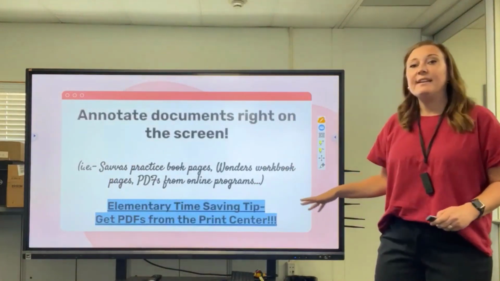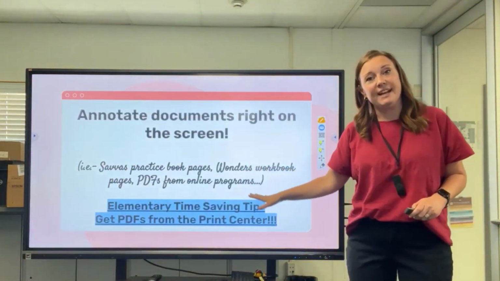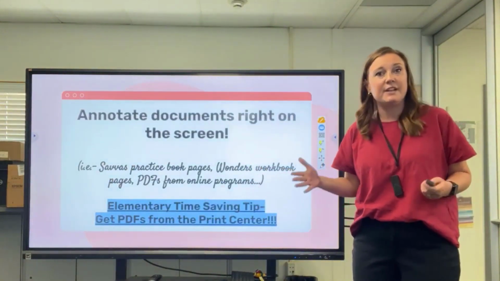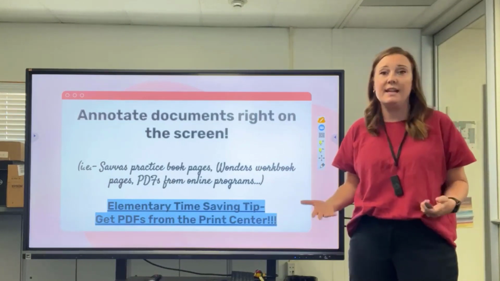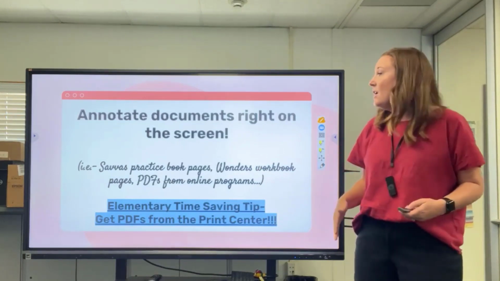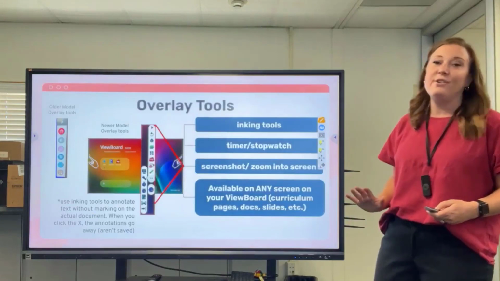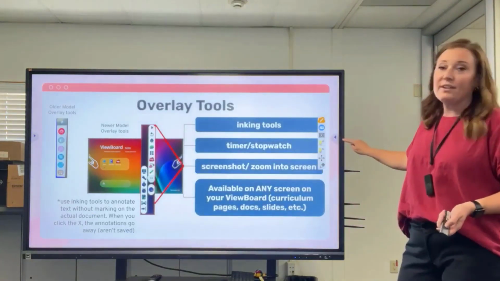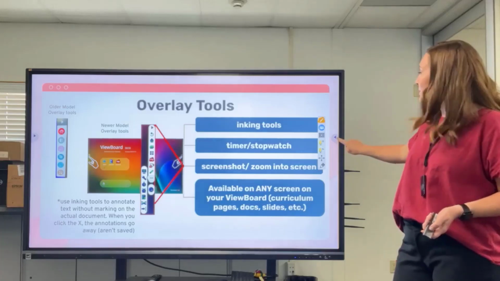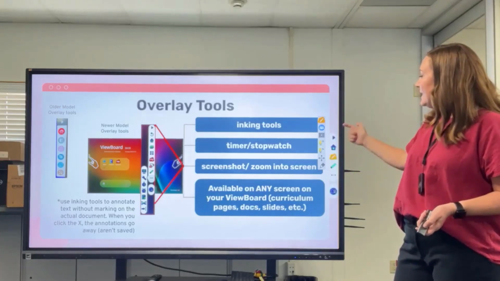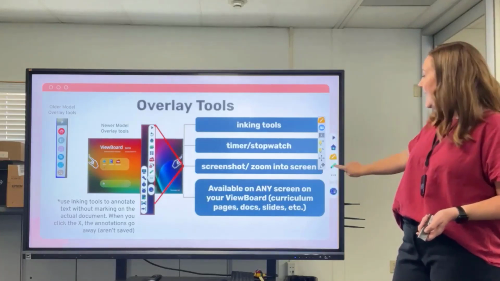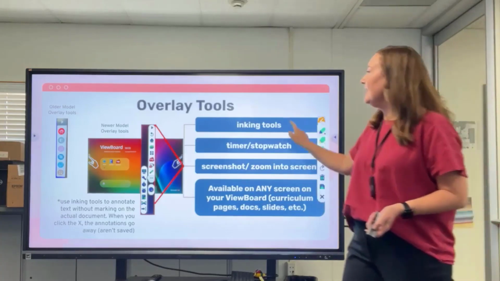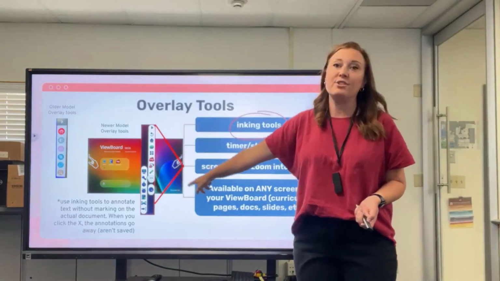You can also annotate right onto the screen, and you have a couple different options for annotations depending on the need of what it is that you're doing. The easiest thing that you can use is the overlay tools. Those are these little arrows on the side of your board. When you open that, it brings up this menu, and I have this pen tool that I can now write with on my screen.